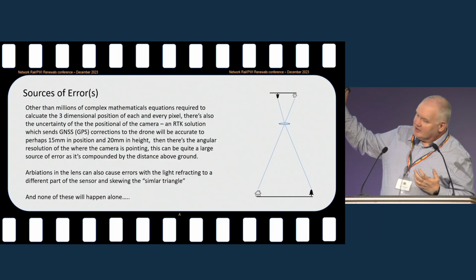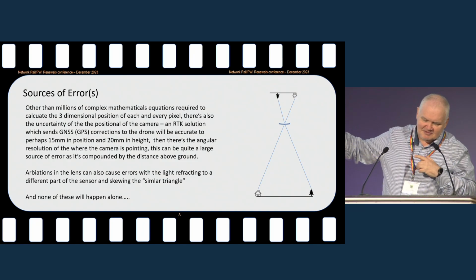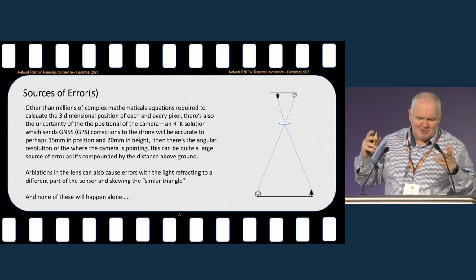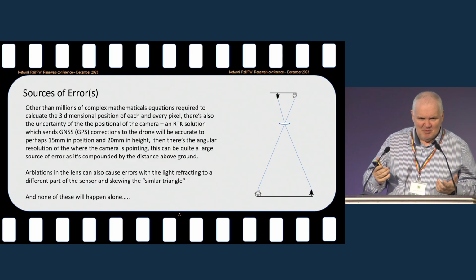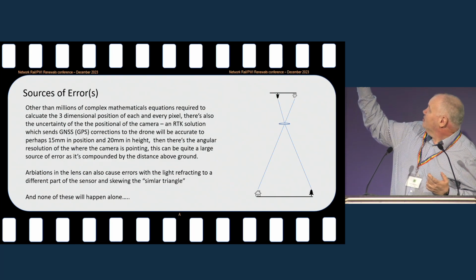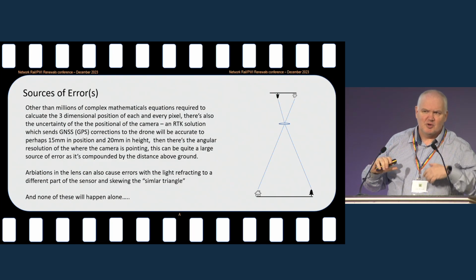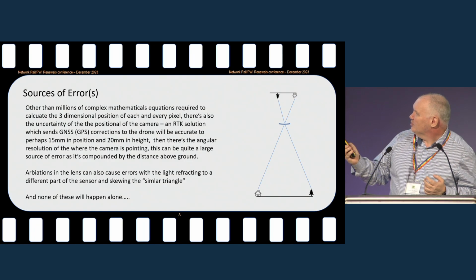What I've tried to show there is that photogrammetry in itself is based on similar triangles. It's that fundamentally simple. But if you've got an aberration in your lens, your similar triangle on the ground is not your similar triangle inside the lens. So you're bringing in error. I've got some slides coming up next which kind of show that.